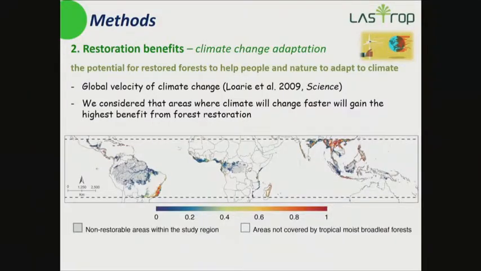It may help humans reduce natural disasters and heat waves in cities. So we consider that this could be a good proxy of the restoration benefits for adapting to climate change. What we basically did was renormalize this map from 0 to 1 in order to have all of the layers at the same structure.